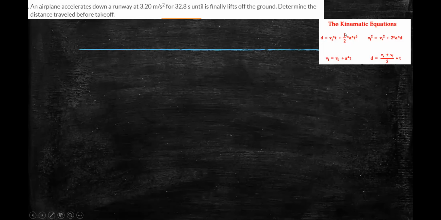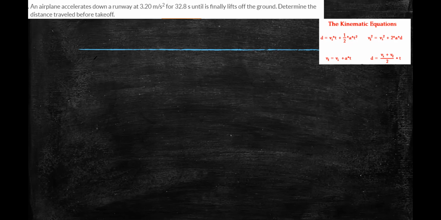And now let's start with the first one. Wait, please give me 1 minute. Okay. Now, an airplane accelerates down a runway at 3.2 meters per second squared.